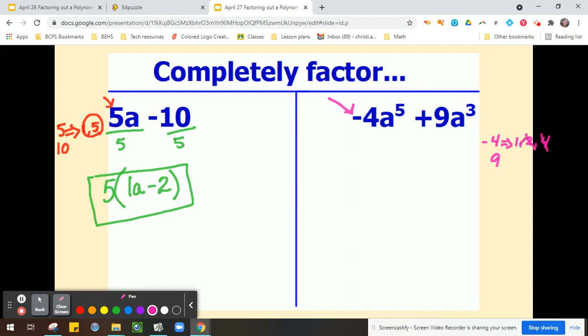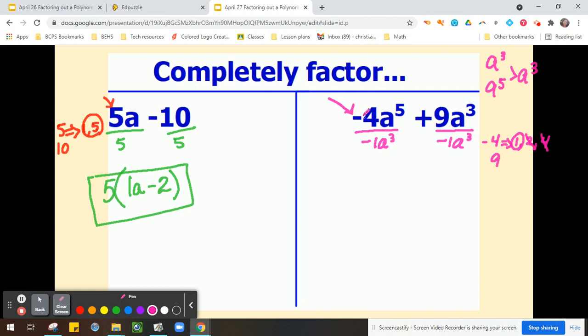So the GCF is 1, but in this case, we're going to apply that negative, and we're going to be able to divide by negative 1. Then we look at a to the third and a to the fifth, and we can see that both of these terms at least have an a to the third power. So we're also able to factor out a to the third power.